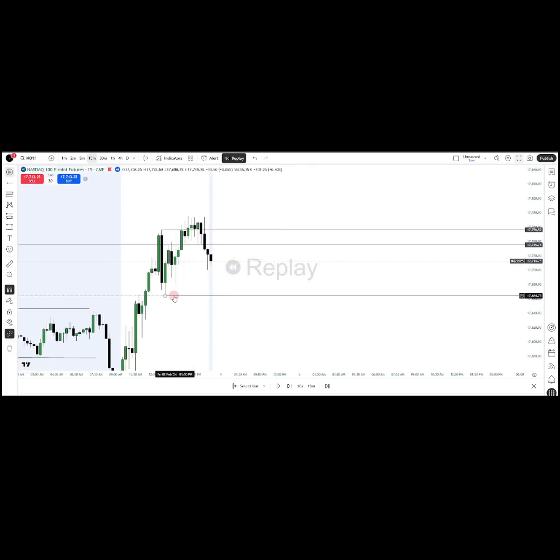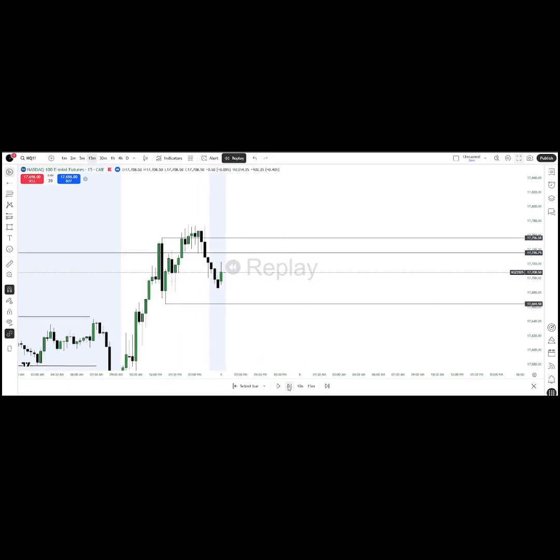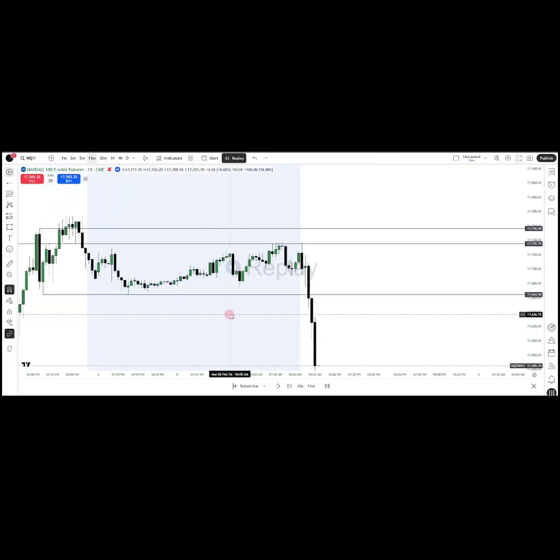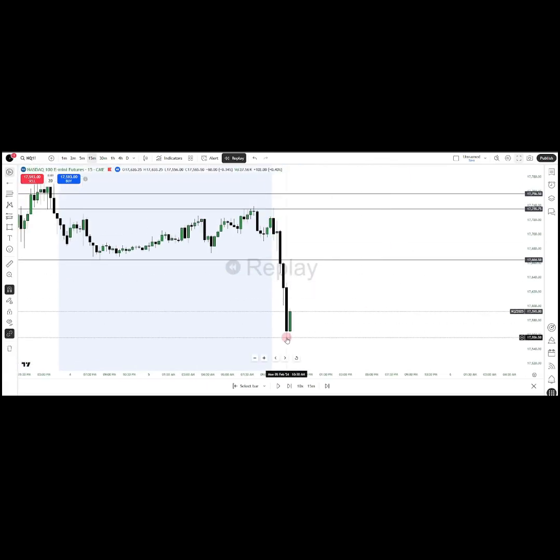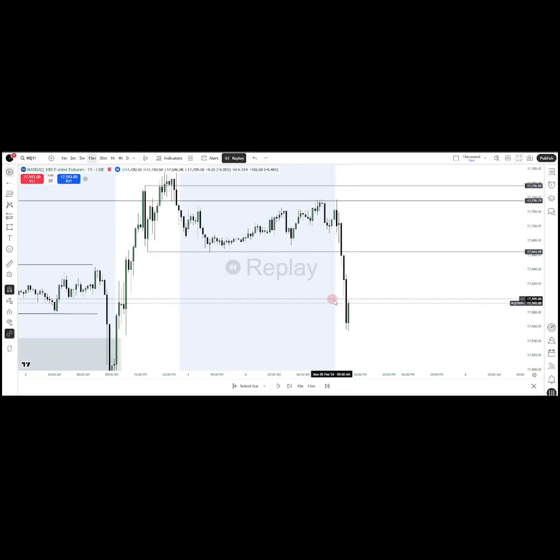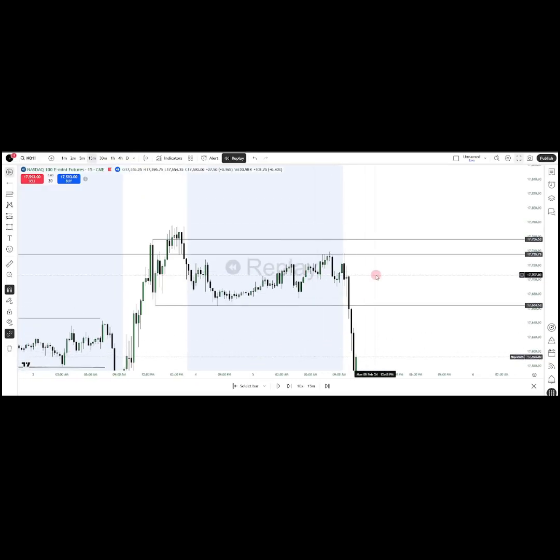So I'm anticipating price is going to move down into here. And just a little bit, price takes it out. Some little choppy. Okay. And price takes it out. So takes it out during New York AM session.